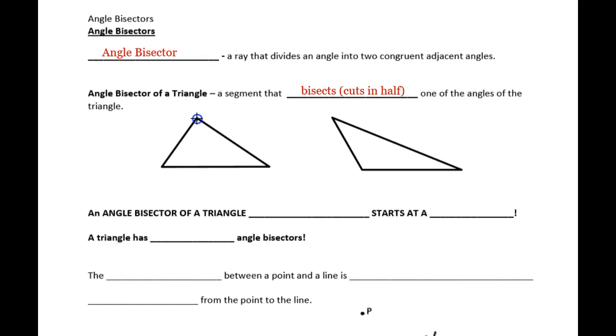So if I had an angle bisector, it would cut these angles in half, so that this angle would be congruent to this angle.